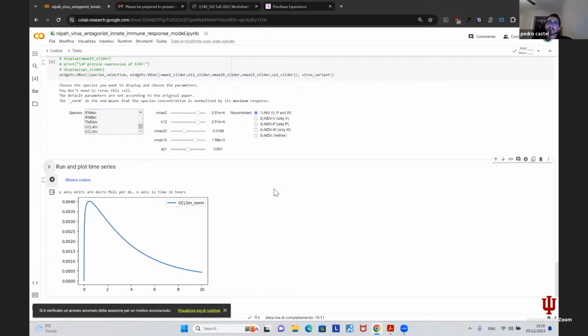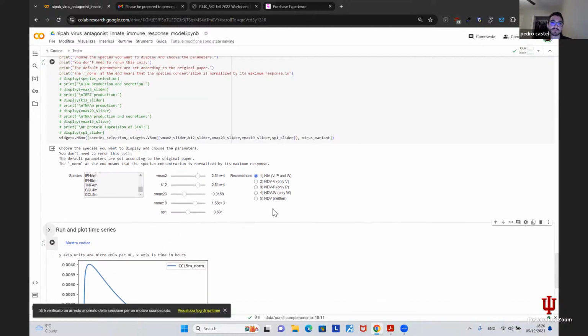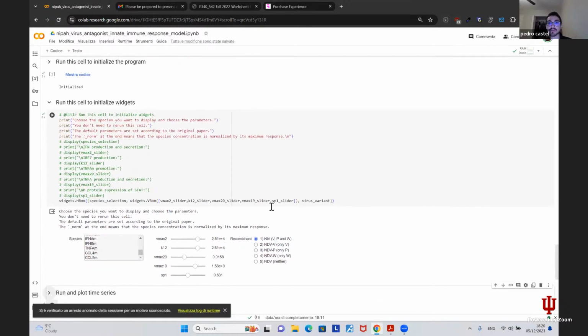They say they agree, like one does what the other does, but I am very skeptical about the parameters, because for example they plot the values as normalized by the maximum response. So you cannot directly compare the result provided from the model with the result provided from the experiment.